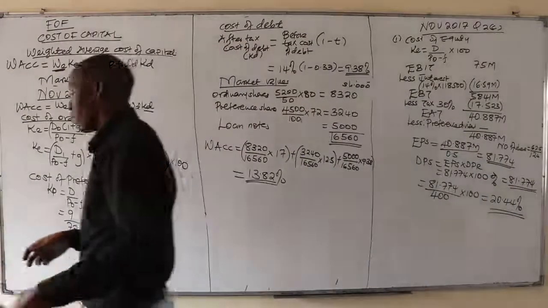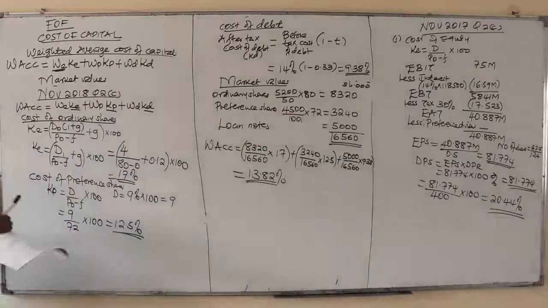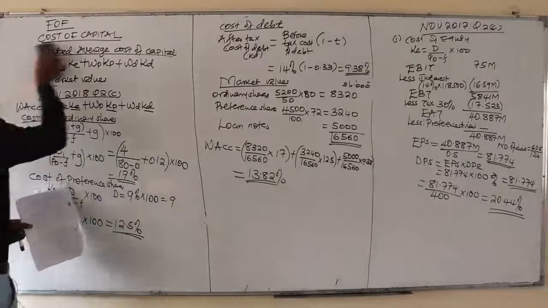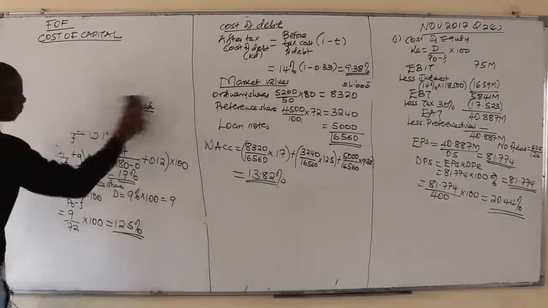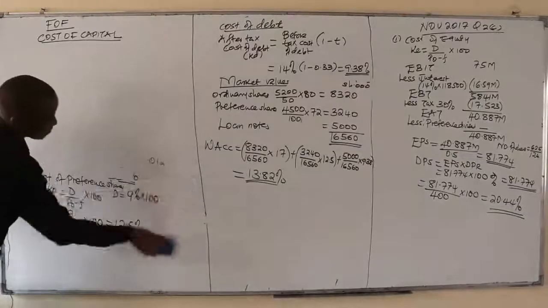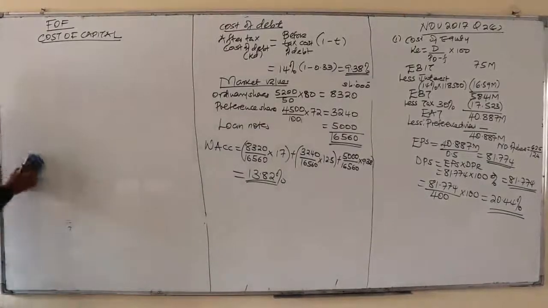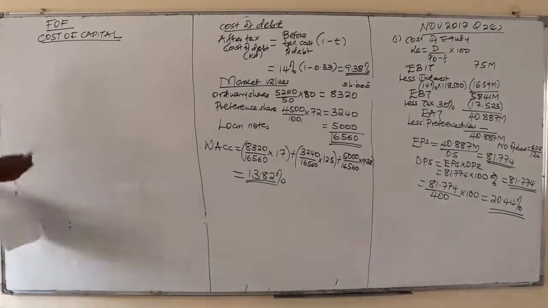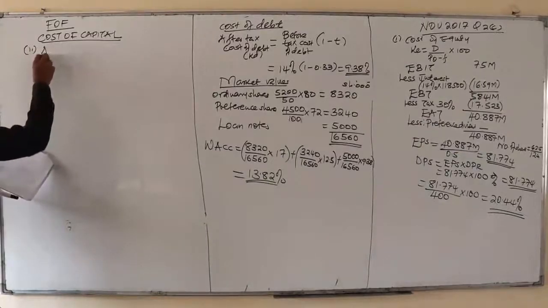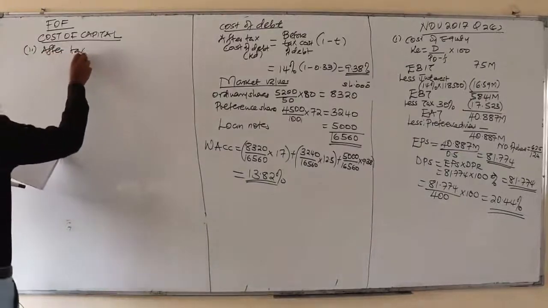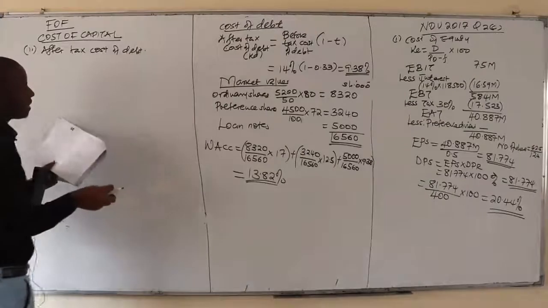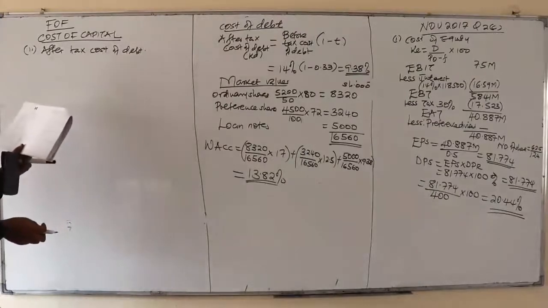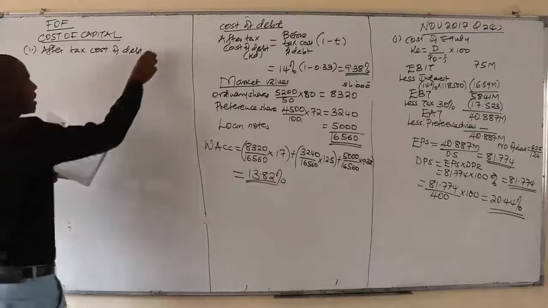So after getting the cost of equity, we can also get the cost of the second one, which is the after-tax cost of debt, the KD. So for us to get the after-tax cost of debt in this case is just the KD now.